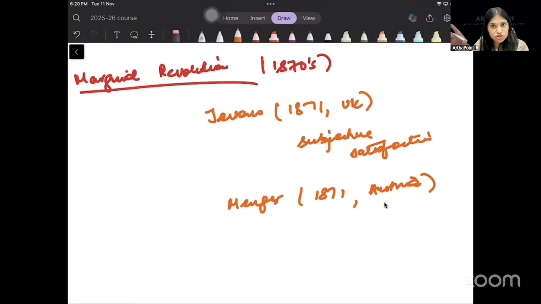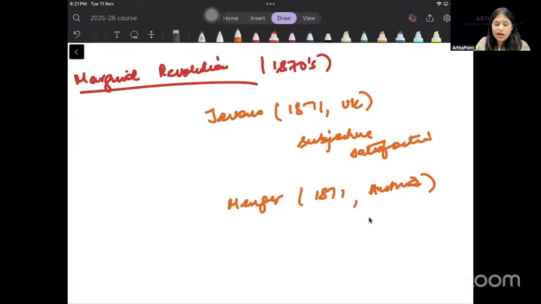So he also focused on marginal utility, but he focused on individual preferences. Meaning there is no concept of society's preferences, those are much later concepts. He just said that we are focusing on preferences that you derive from an individual commodity as an individual. So how much satisfaction I derive from a rubber band, from an individual commodity, right?